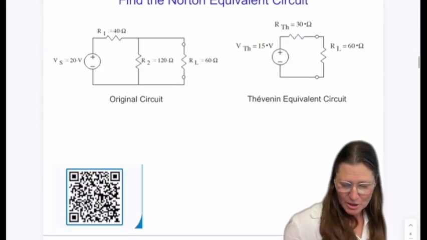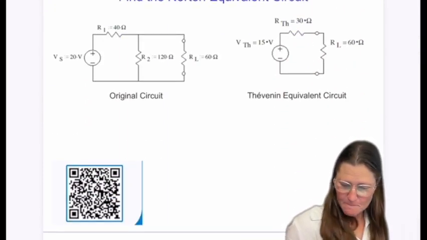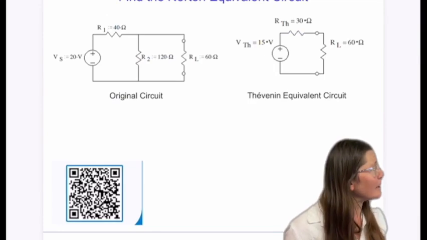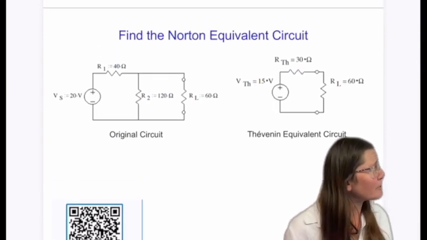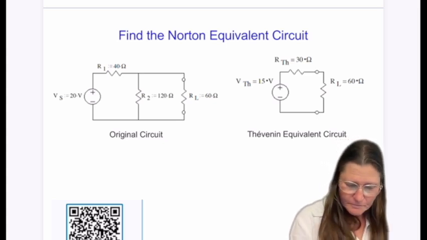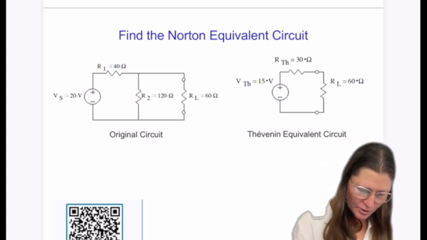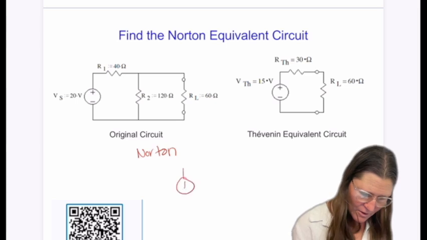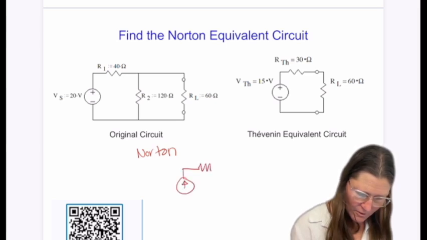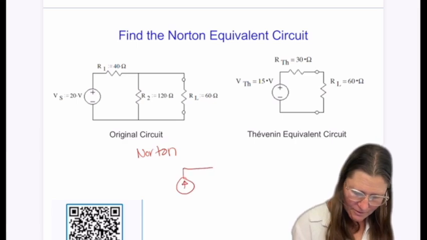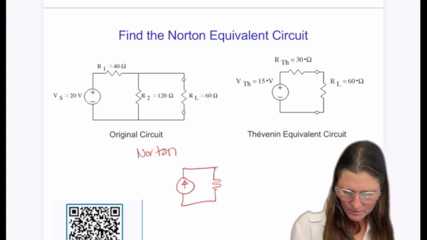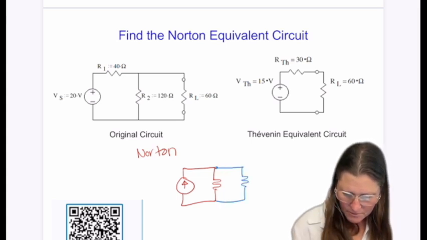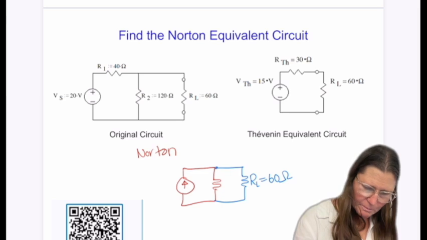But we can do the same example we did last time. So if we were to convert this from the Thevenin to the Norton, what would these values be?